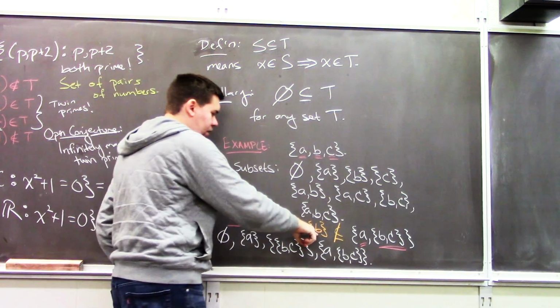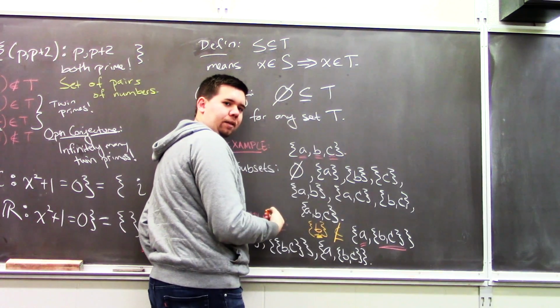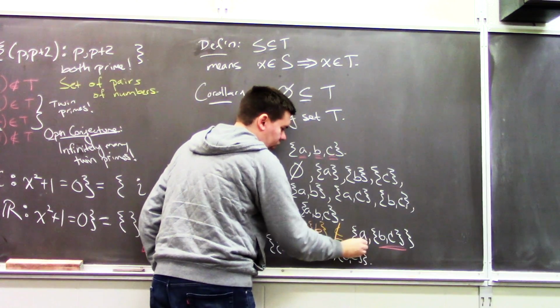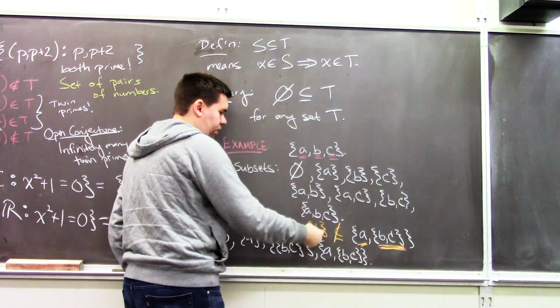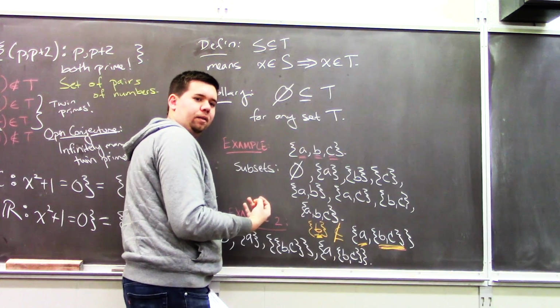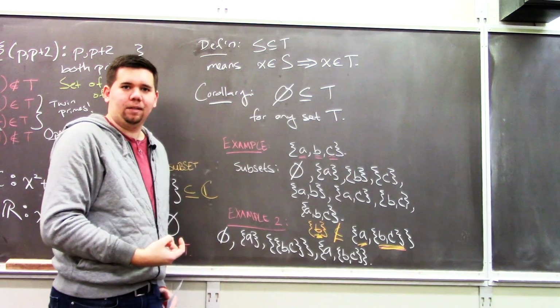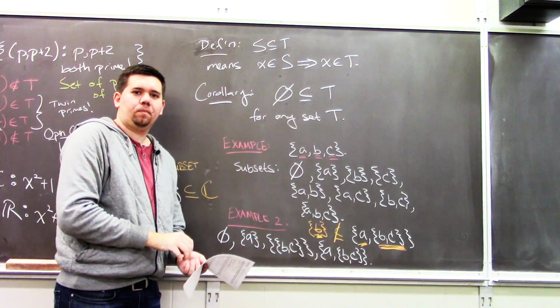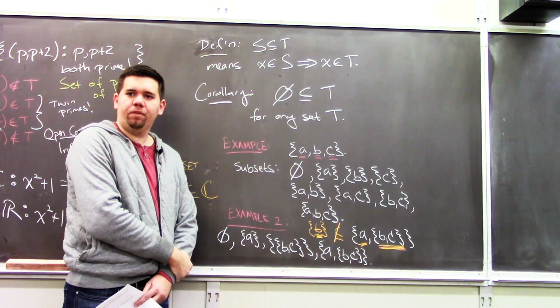Because B is an element of this set, but B is not an element of this set. The set has two elements. One is A, one is the set containing B and C. So B is an element of this set, but B is not an element of this set. And so this is not a subset of that set. Comfortable with that?